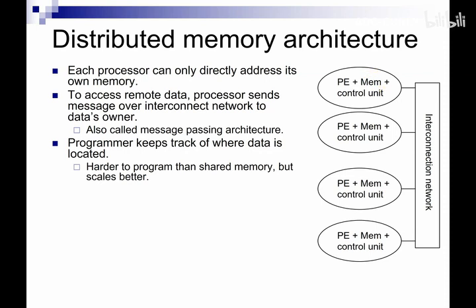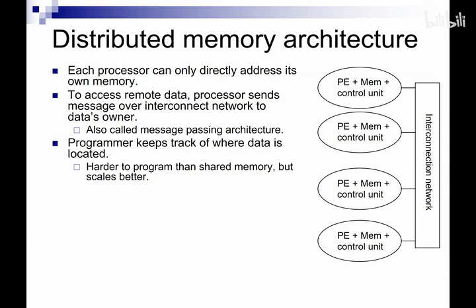So what if you want the first processor to access memory from the second processor? Then this has to be done by going through the interconnection network. The first processor needs to first locate where the memory it wants to access is, and then it needs to send a message to that processor. For this reason, this is also called a message passing architecture.